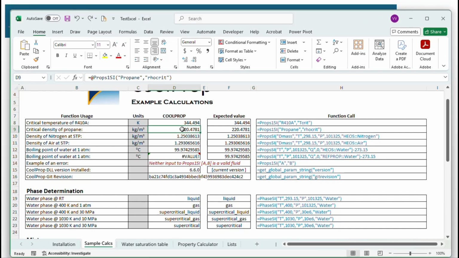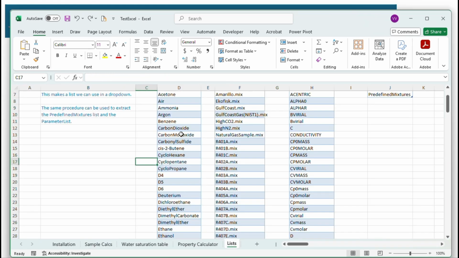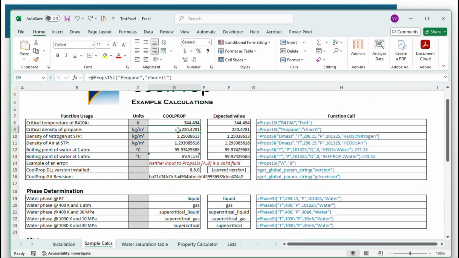Now, sometimes you can use the same name that is listed here, or sometimes you could use the actual chemical formula of the substance. So, for example, instead of the critical density of propane, let's look at the critical density of carbon dioxide.